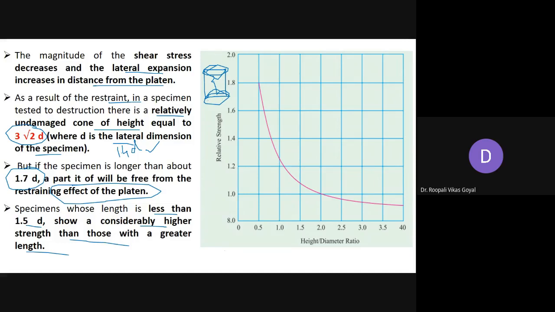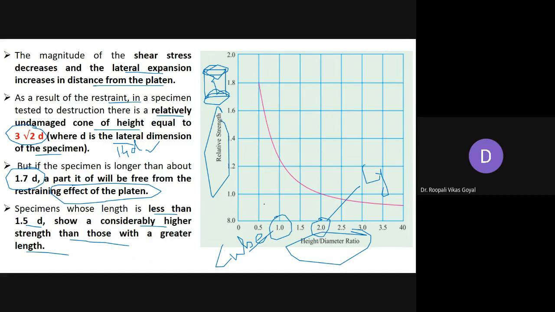So here in this graph, you can see the relative strength versus height to diameter ratio. So just correlate it with this 2 height to diameter ratio and 1 height to diameter ratio. So this represents your cube. This is just like a cube because its height to diameter ratio is 1, and this represents your cylindrical specimen because its height to diameter ratio is 2.